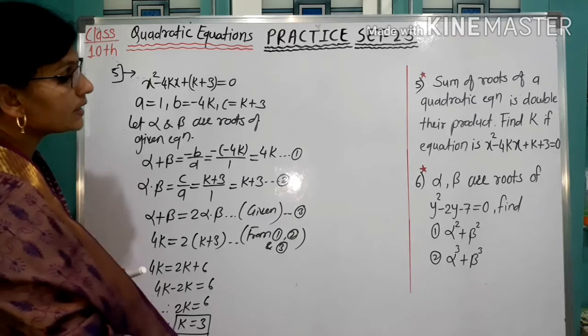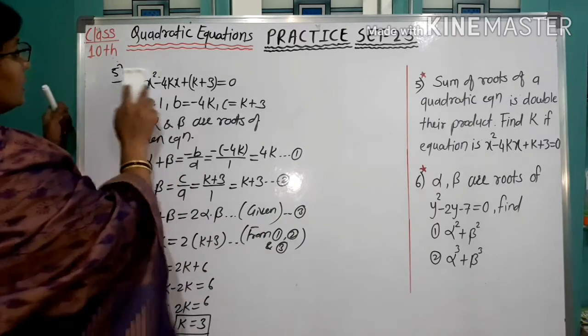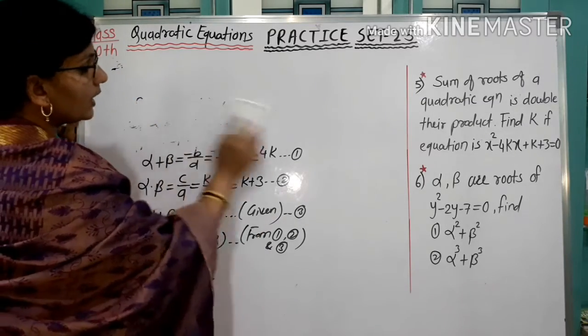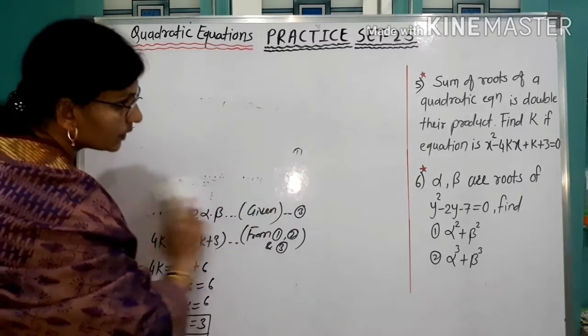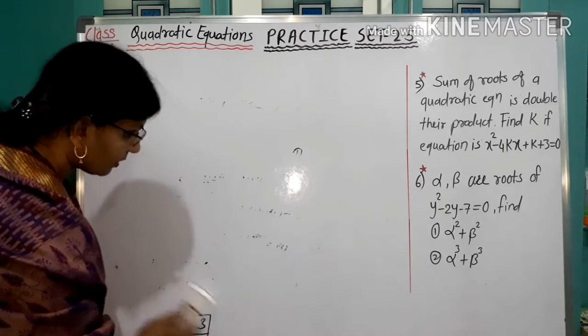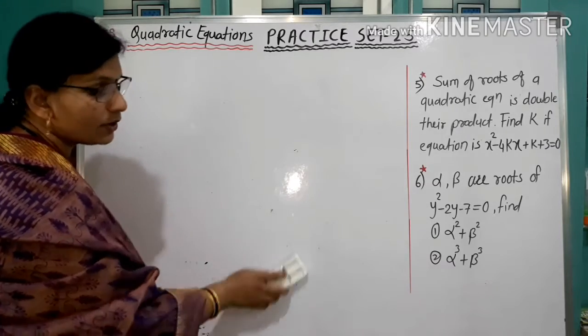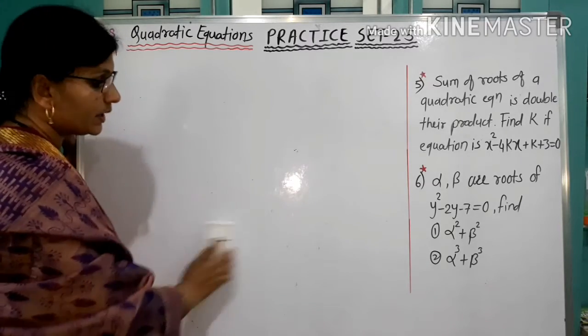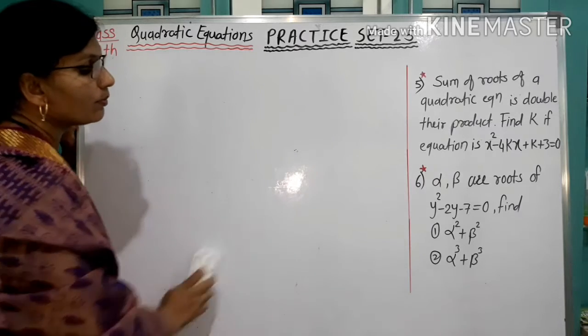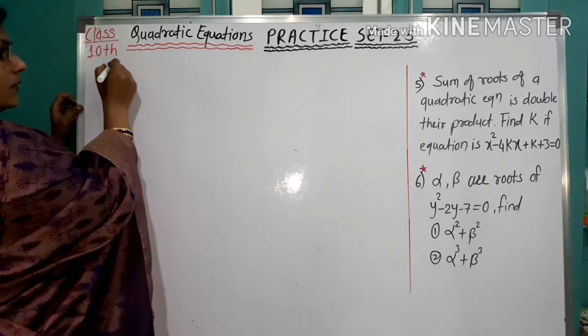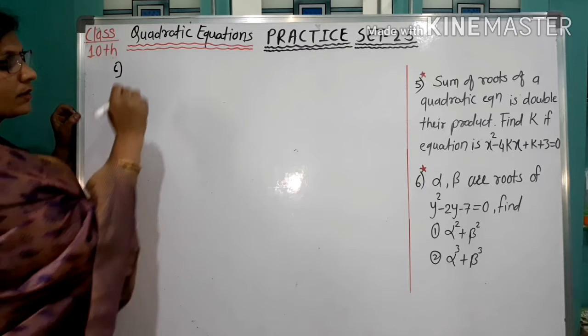Then see example number 6. Alpha and beta are roots of the given equation y square minus 2y minus 7. Then find the values of alpha square plus beta square and alpha cube plus beta cube. First of all, I write the given equation.